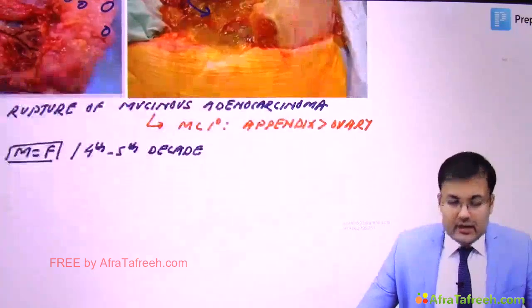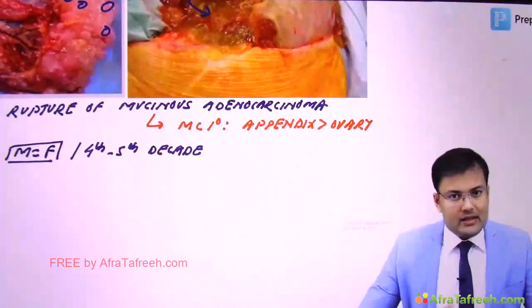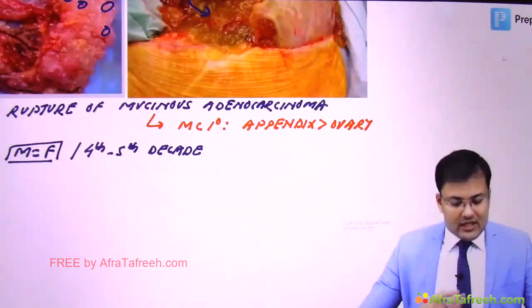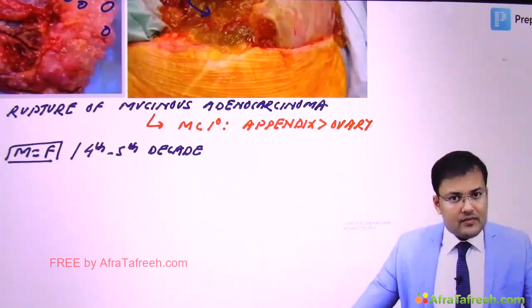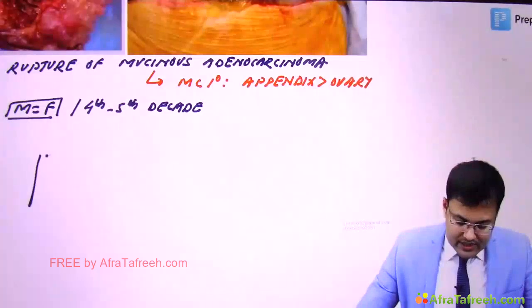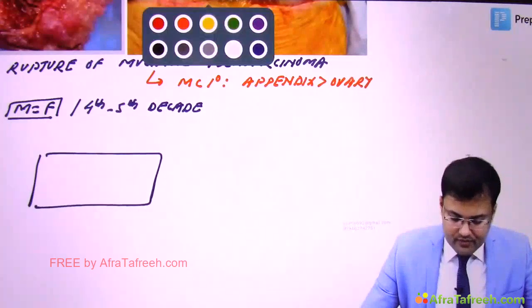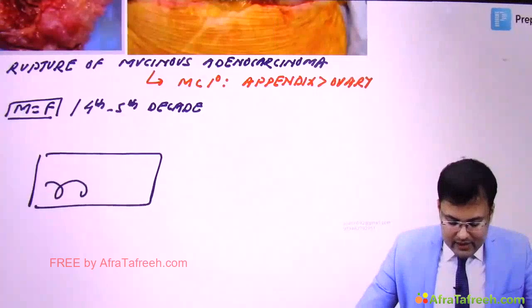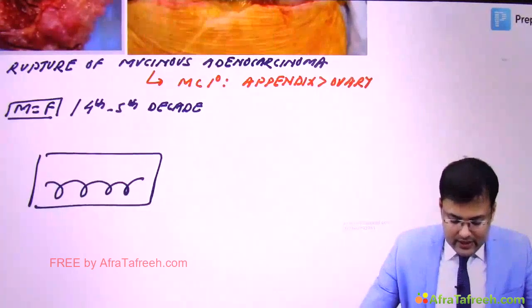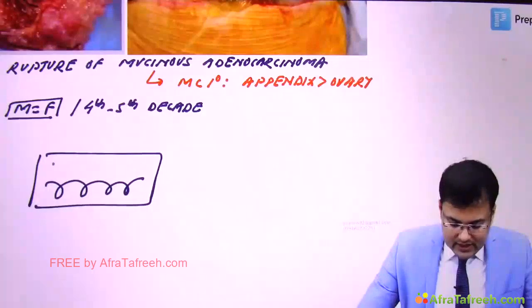And since there is collection of this jelly-like substance in the abdominal cavity, you will notice abdominal distension. Now imagine the patient is in the lying down position, and this is the bowel. There is collection of this jelly-like substance or mucin.